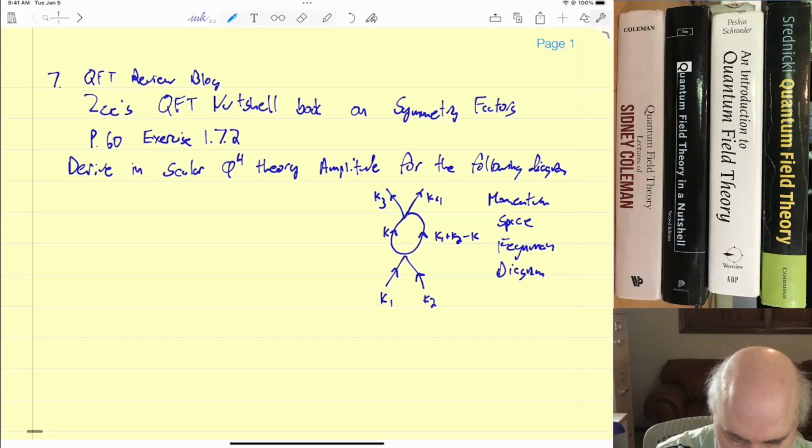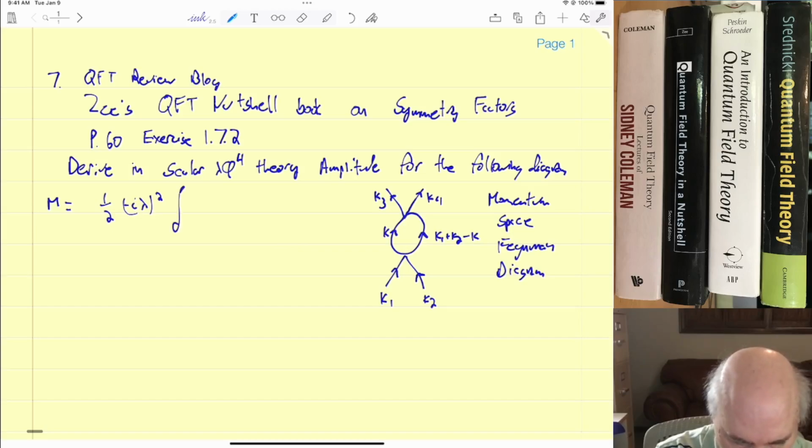And the amplitude ends up being 1/2 (minus i lambda) squared. The potential is of course lambda phi to the 4th.